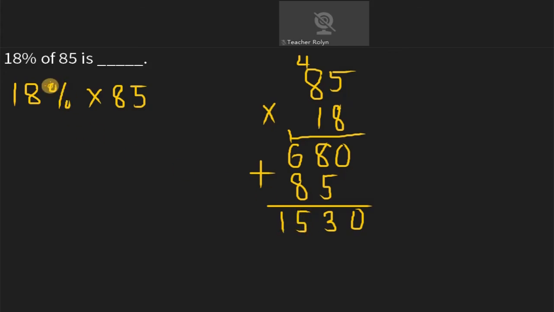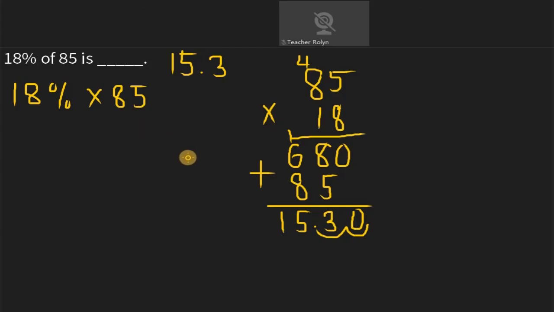Then, since we have percent sign, 18%, we have to move two decimal places to the left. So 18% of 85 is equal to 15.30 or 15.3.